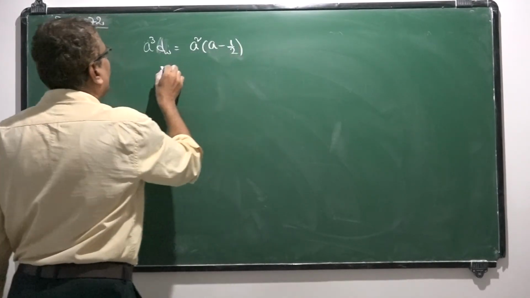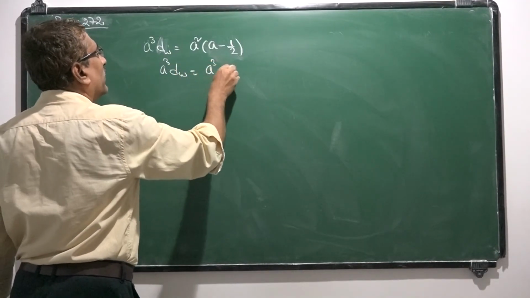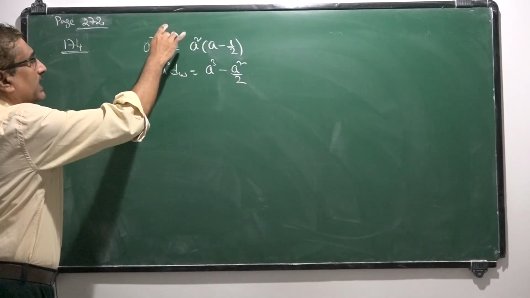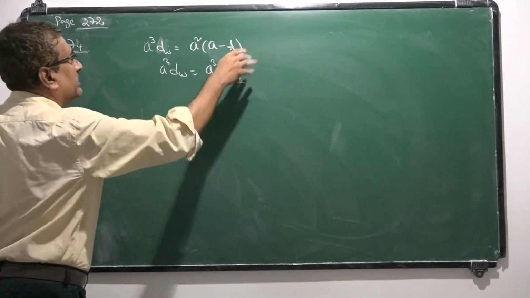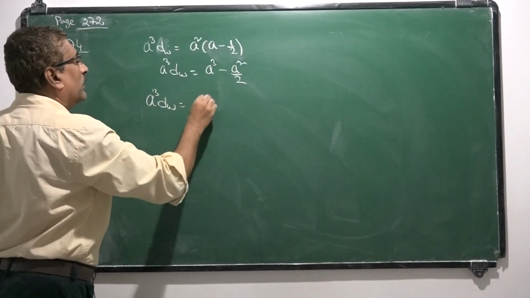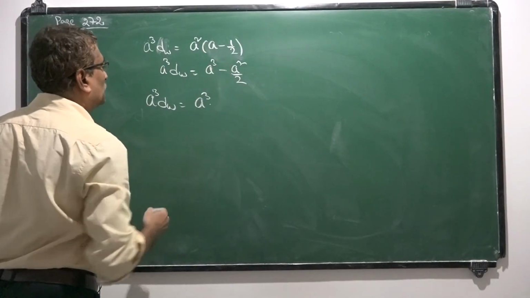So you can leave it. So A cube into dW is equal to A cube minus A square by 2. This is one condition. When 50 gram weight is added to this one, it is just submerged. In that case, you can write A cube dW plus 50 is equal to A cube into density of water. So now equating these two.